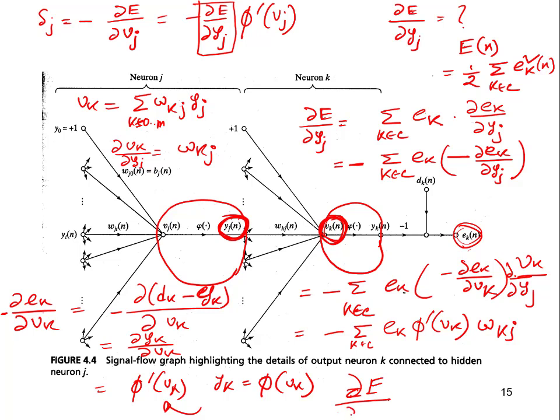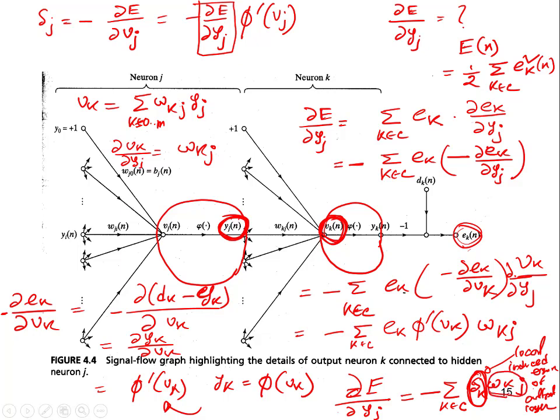So the overall equation for delta of e over delta of yj, without the minus sign, is minus the sum of k belongs to c of ek and phi prime of vk, which turn into the value of delta k, multiplied by wkj. The delta k produces the local induced error of the output layer, and wkj is the weight directly connecting the jth layer to the kth layer.